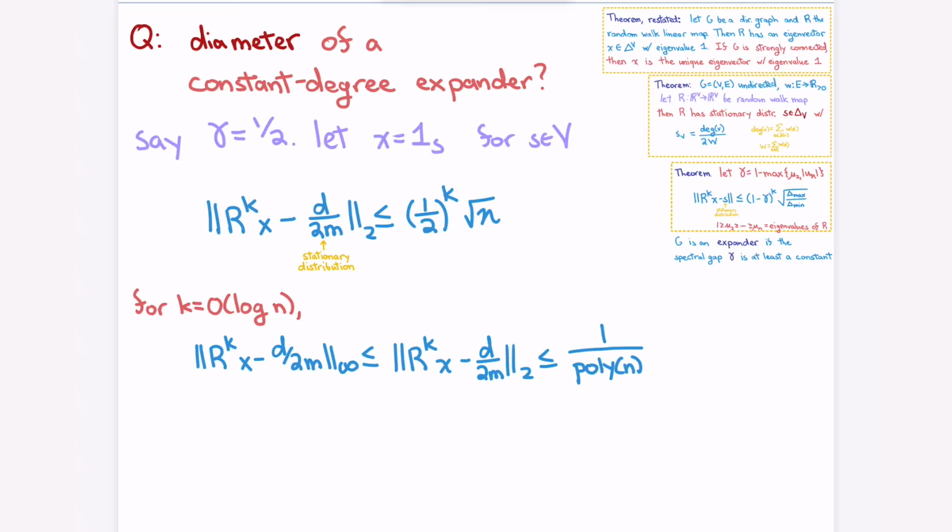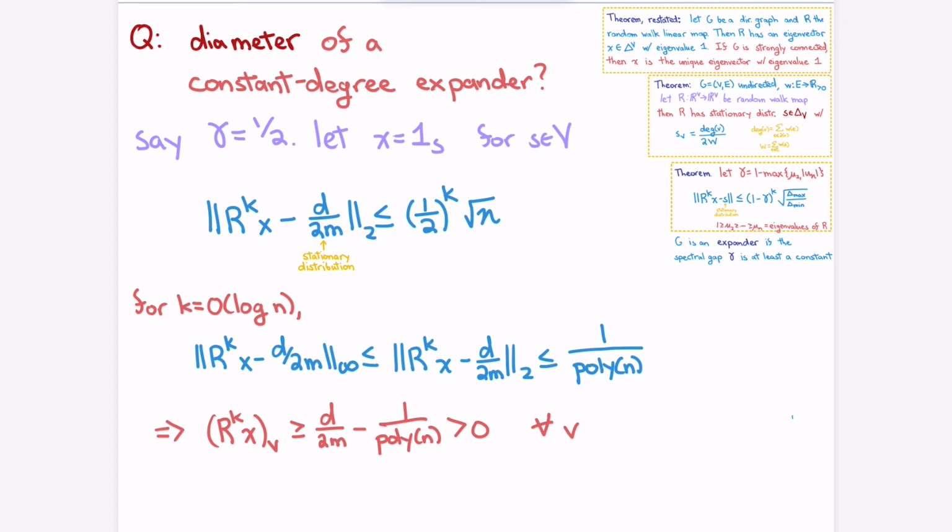Good. So this thing is basically arbitrarily small. So what does that say about an individual coordinate of r to the kx, which is your distribution after k steps? It's non-zero. So this thing is going to be at least d over 2m minus 1 over poly n, and that's greater than 0.